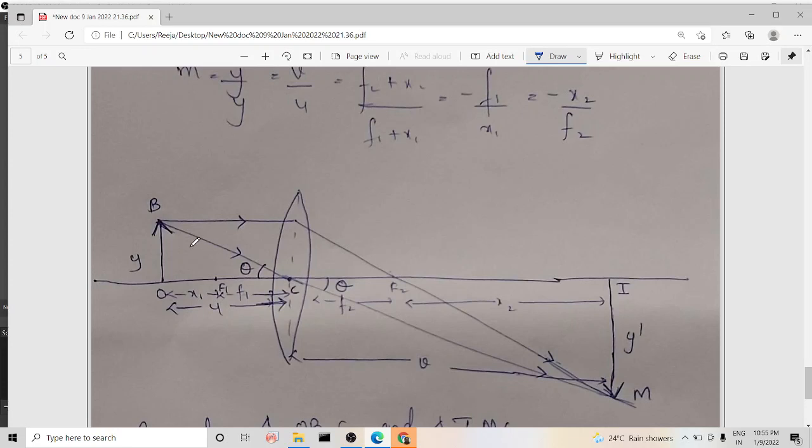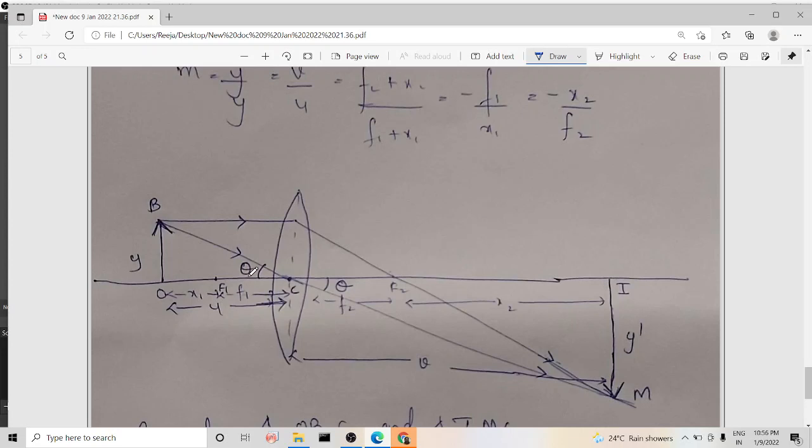Now you consider these two triangles, that is BOC and MIC. You consider this small triangle here BOC, and the triangle here that is MIC. Now these two triangles are similar because this angle is 90 degree, this angle is 90 degree.